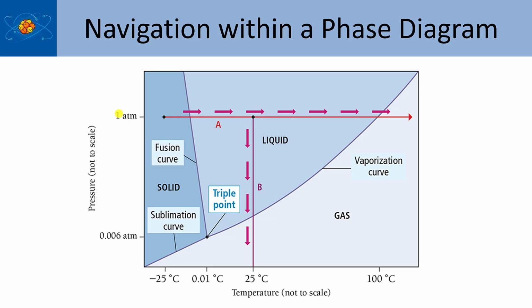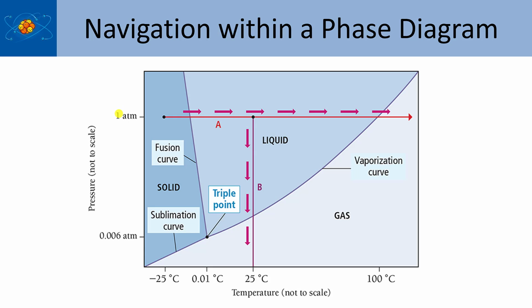Well, at 1 atmosphere from minus 25 I should see a solid, and then at 0 I should see the fusion of the ice to the liquid. So I'll see the ice melting, and then I'll be heating the liquid all the way up to its boiling point at 100 degrees C, at which point I will see boiling water. And then after that point, I'll just see the gas.